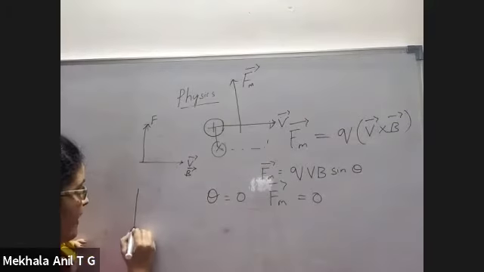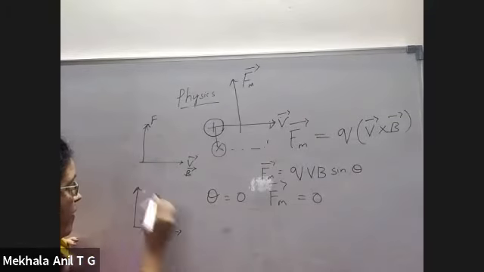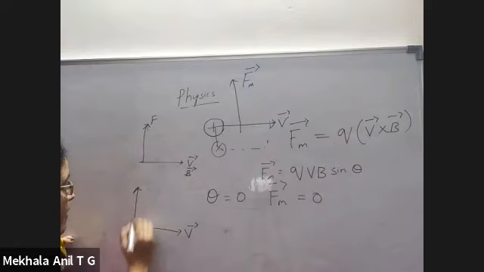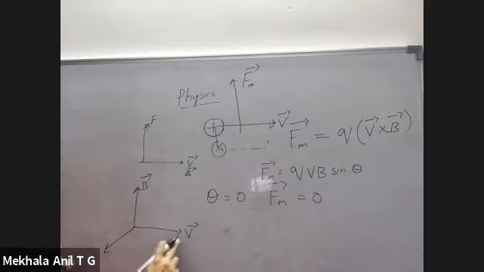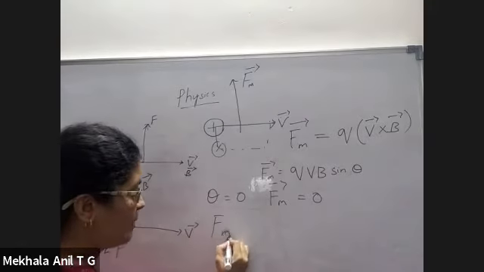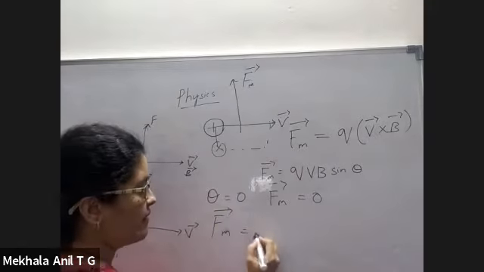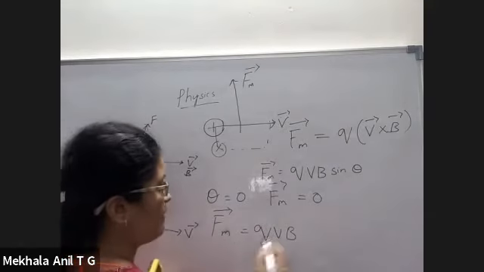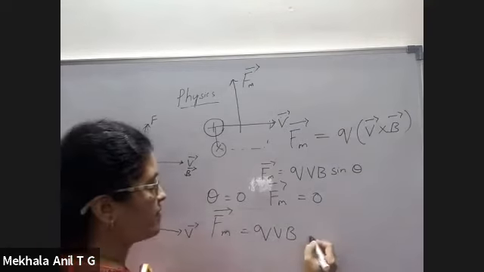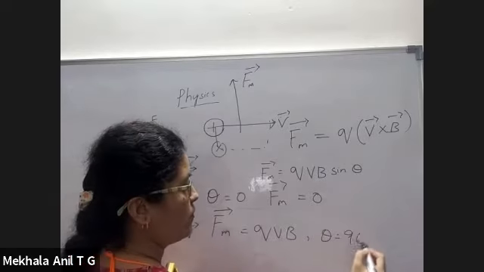And when V and B are perfectly perpendicular to each other, the direction of the force will be perpendicular to the plane. Then this Fm will be maximum, and Fm will be QVB. This is for theta equal to 90 degrees.